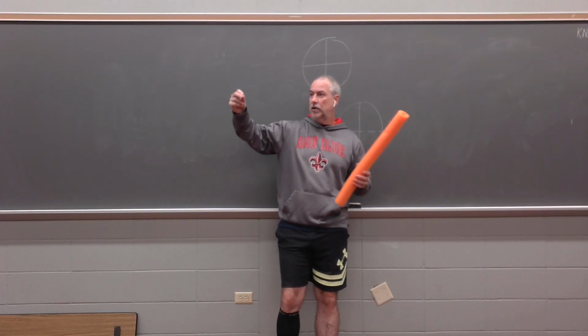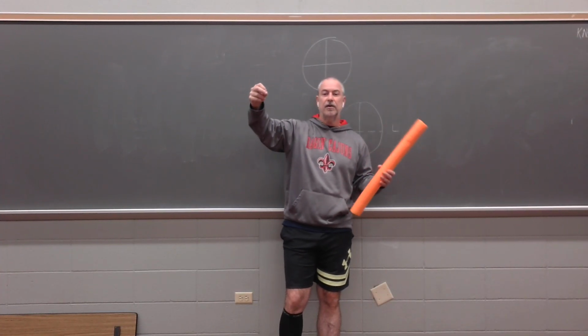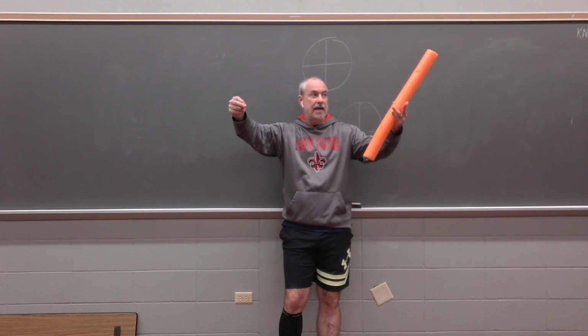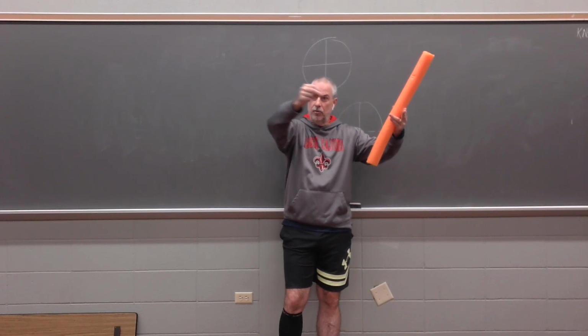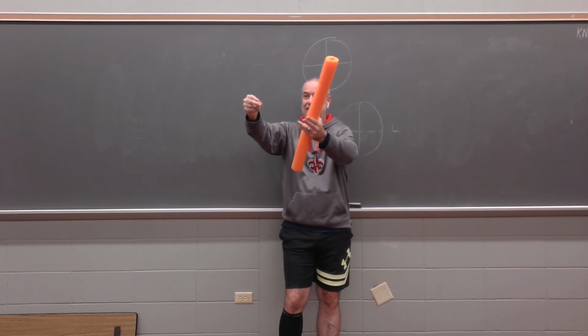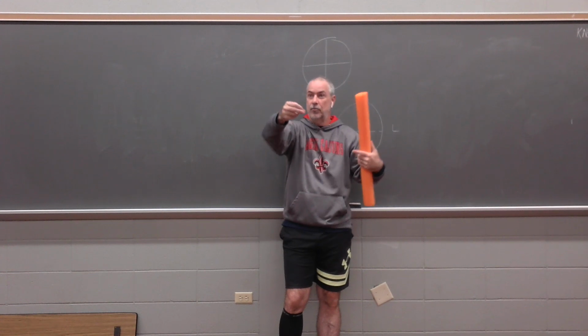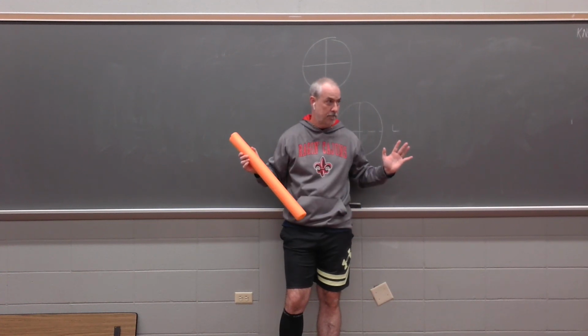Remember from a month ago where I used the Ken doll on the board, and I said go forward could be Ken moves about the board, but the board moved back to Ken. They still move the same way. Same thing.